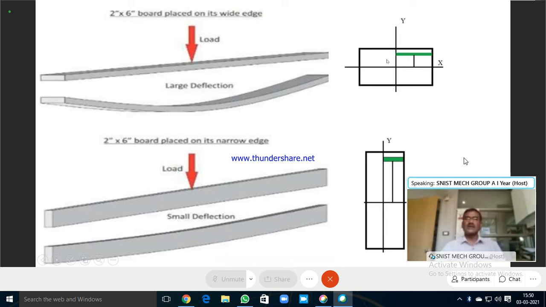This is the cross section, right? And if the same beam, same cross section, is turned 90 degrees, 2 inch by 6 inch board, and you apply the same load, obviously you have small deflections. Large deflections, small deflections. What makes the difference?